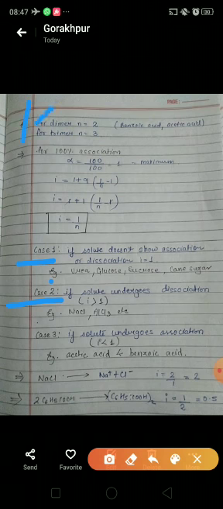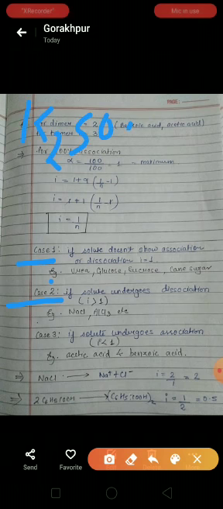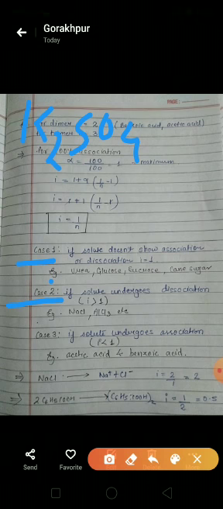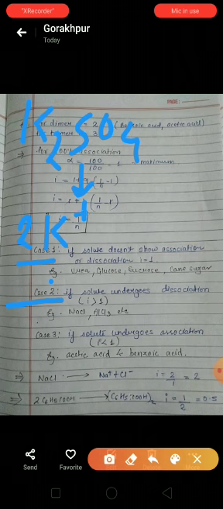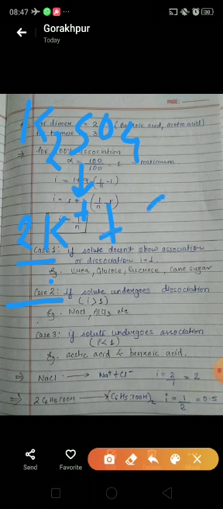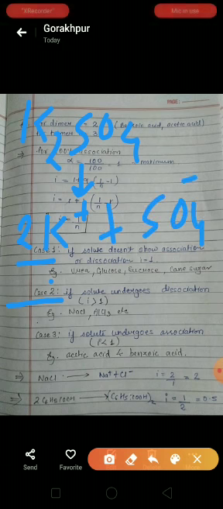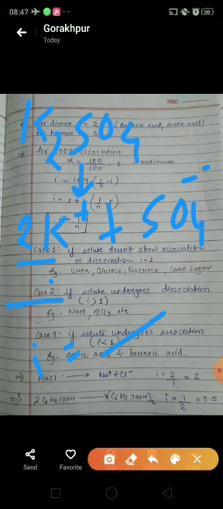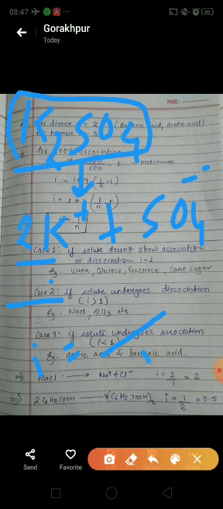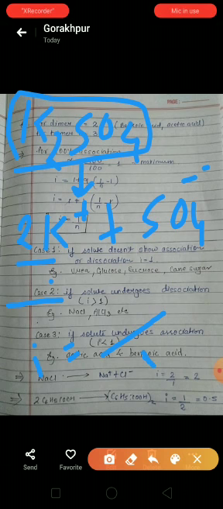Suppose K2SO4 is dissociating into 2K+ and SO4 2-. If you have to calculate i for this, calculated is simply the number of particles of this molecule, only one particle, that is K2SO4.